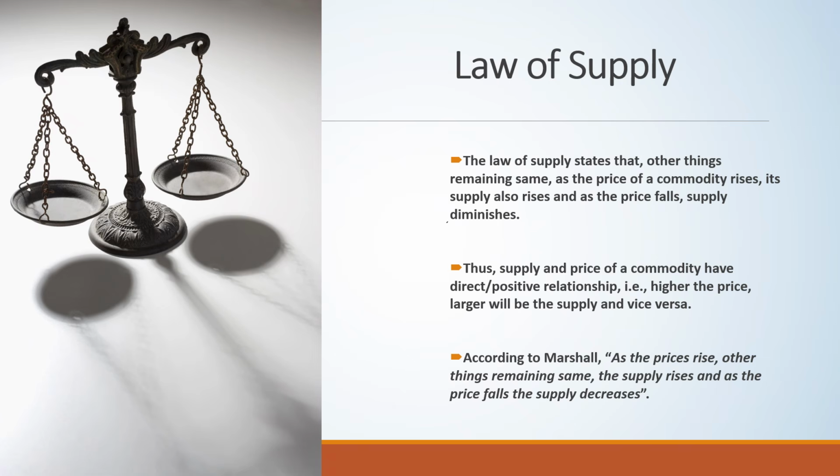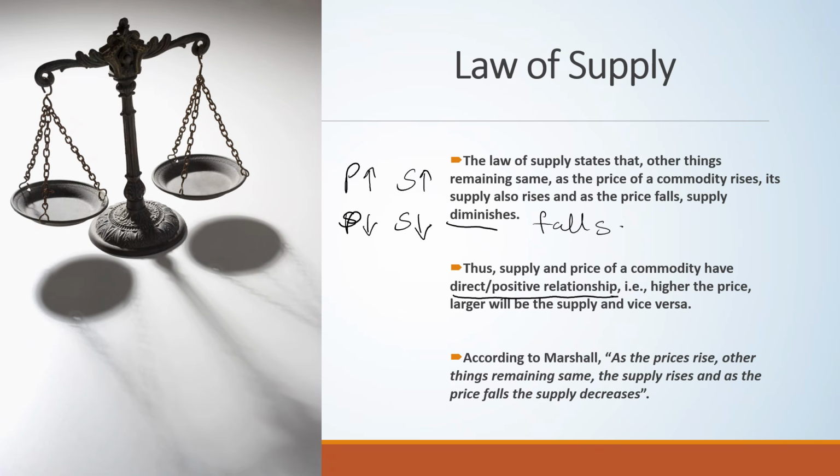Diminishes means supply also falls. So here you can see when the price increases, the supply also increases. When the price decreases, supply also decreases. Thus, supply and price of a commodity have a direct or positive relationship.